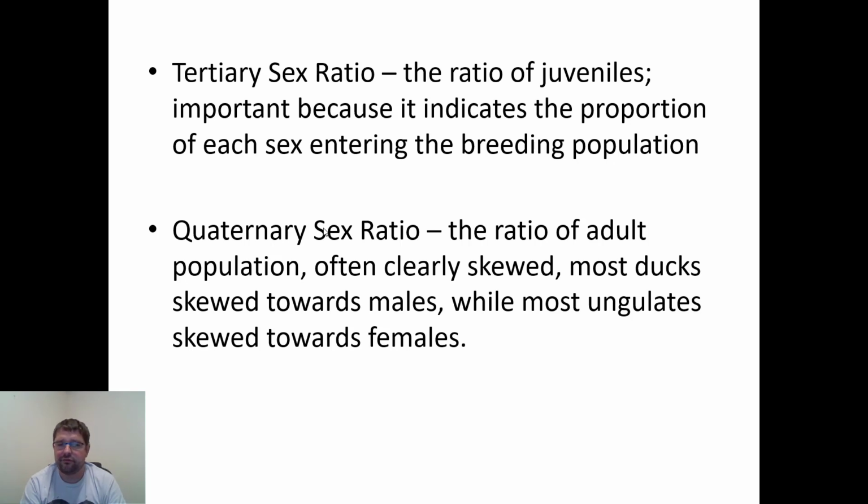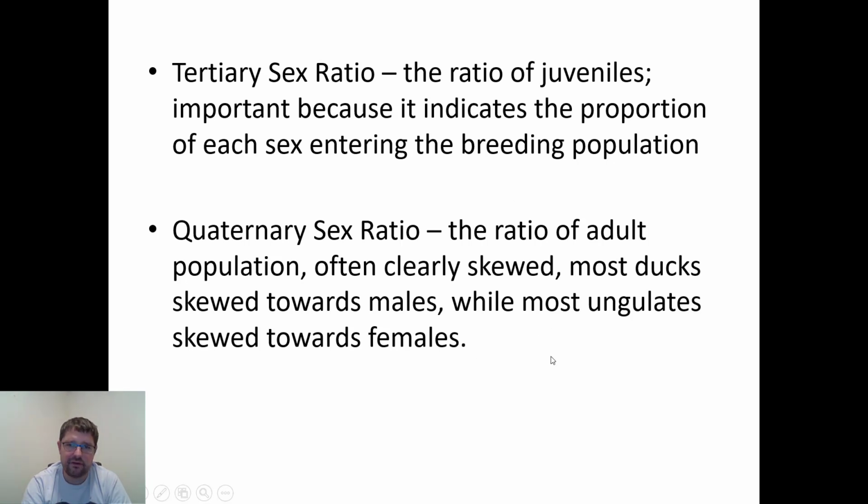Okay? A lot of that skewed ratio is the result of differing death rates during the tertiary sex ratio period. Okay?